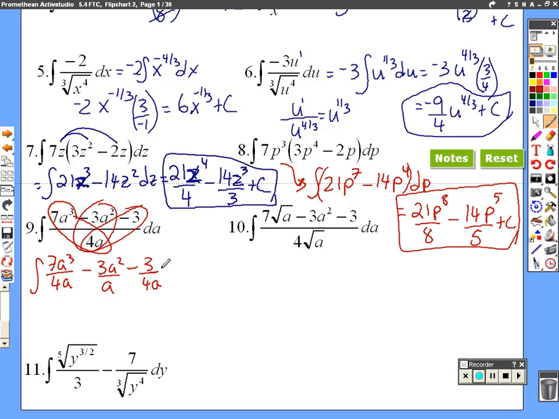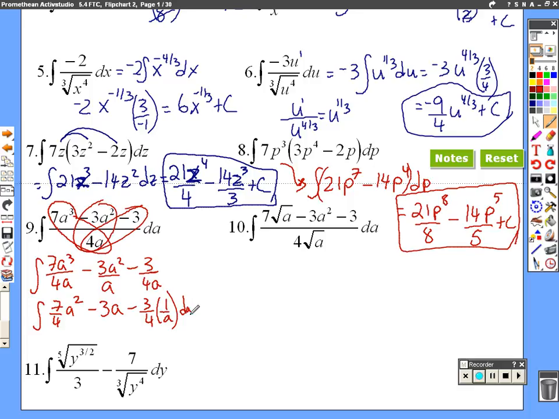All right, let's rewrite these even. A's cancel. A cubed over a just becomes 7/4 a squared minus 3a minus 3/4. I'm going to say this is like 3/4 times 1 over a. I'm going to write it like that for you.